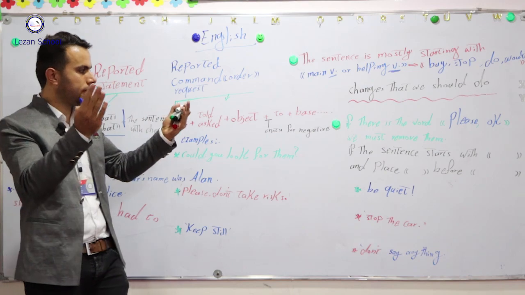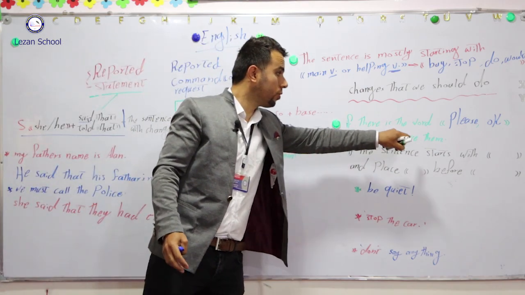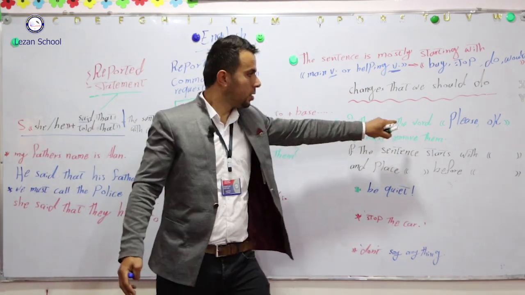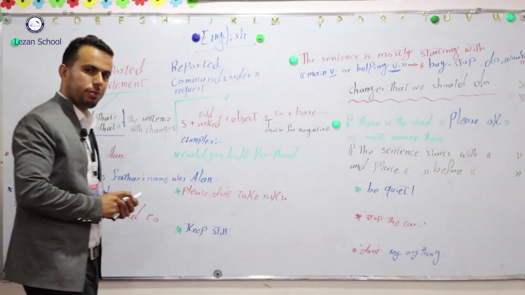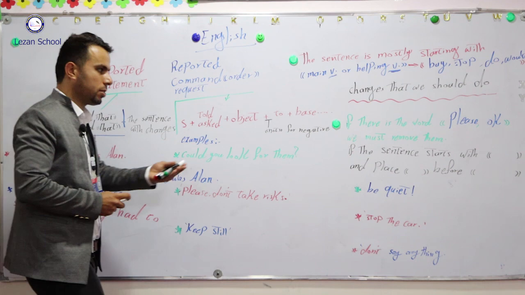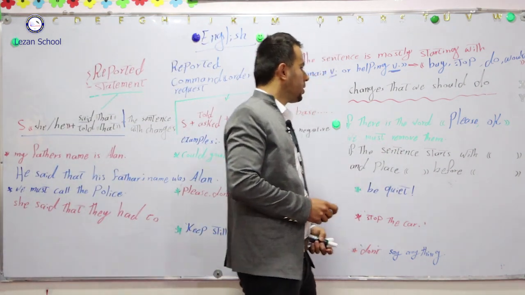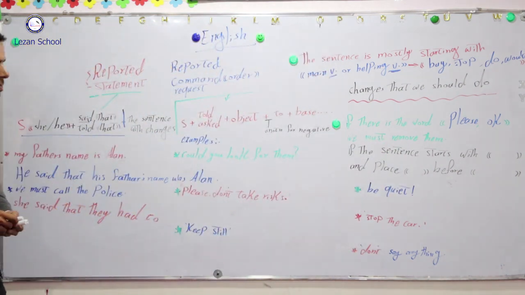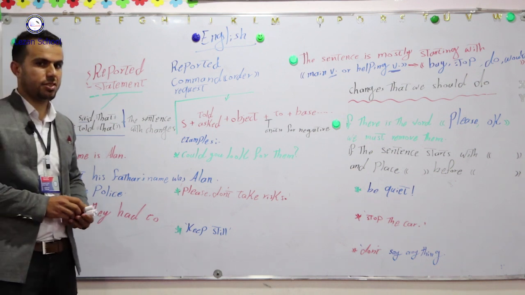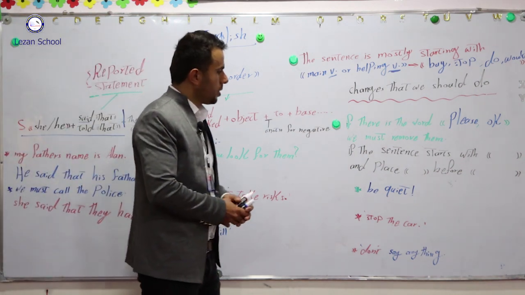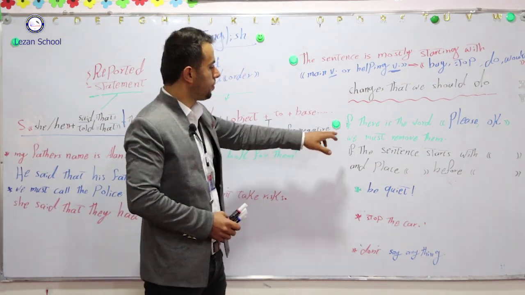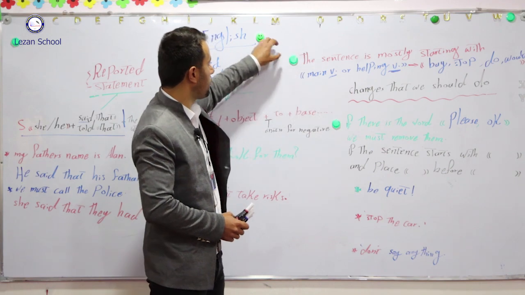We have to do it. We must remove them. Please, okay. If one of these two words comes in a sentence, we have to erase them. This is the rule number one.